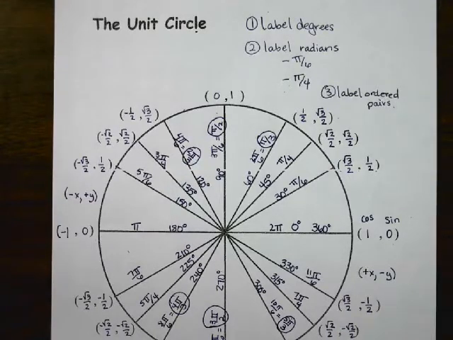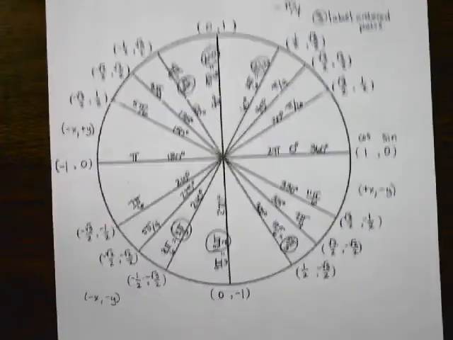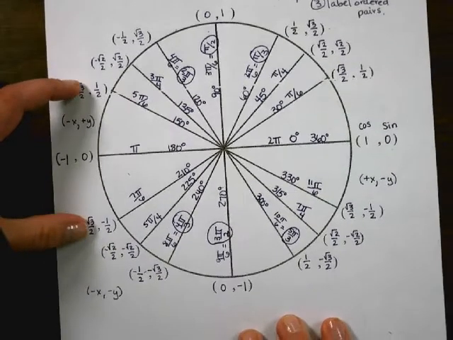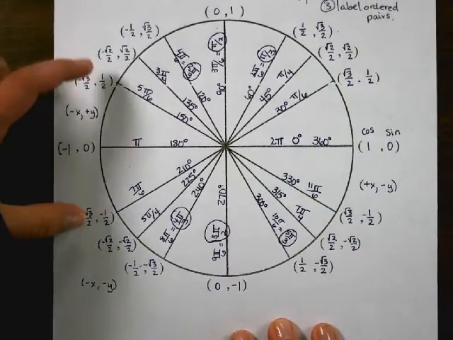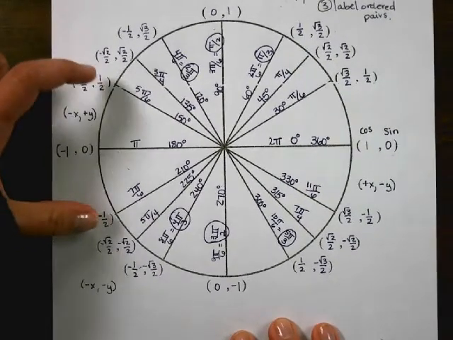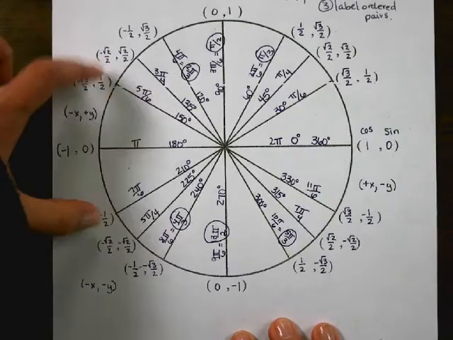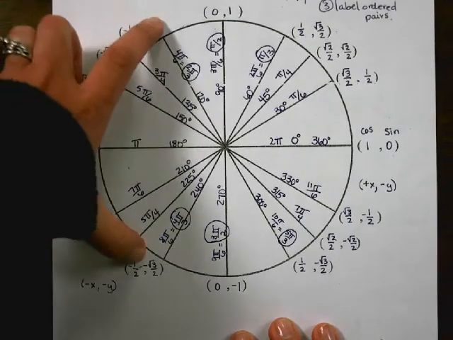Okay? Jillian, did you have a question, hon? I was just wondering, in the third quadrant, why it was... So think about it as symmetrical with the x-axis. So these will be the same, these will be the same, those will be the same.